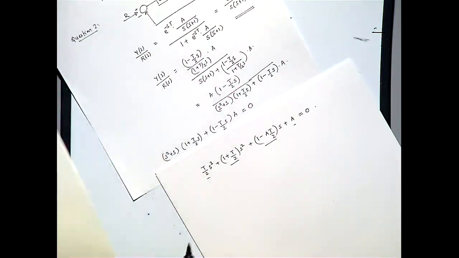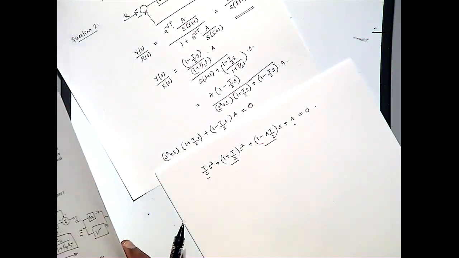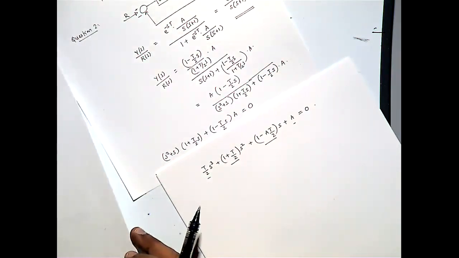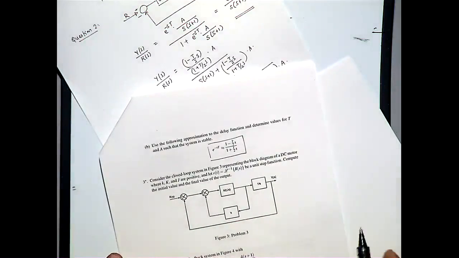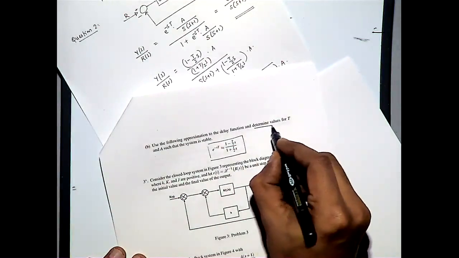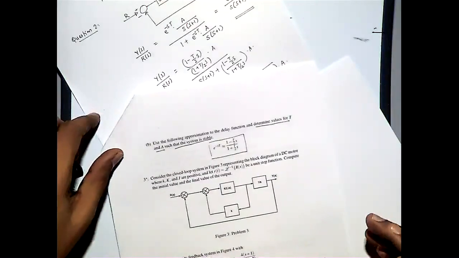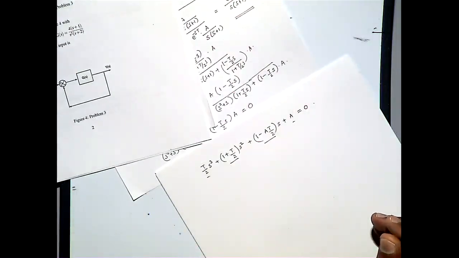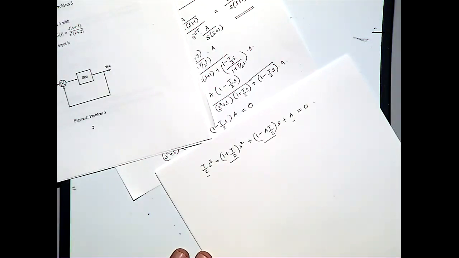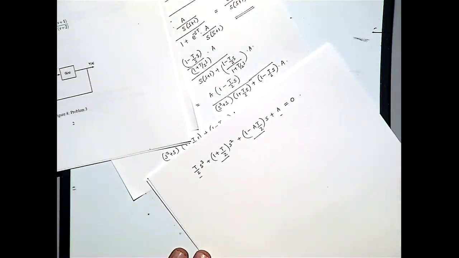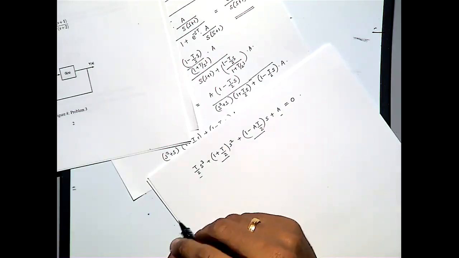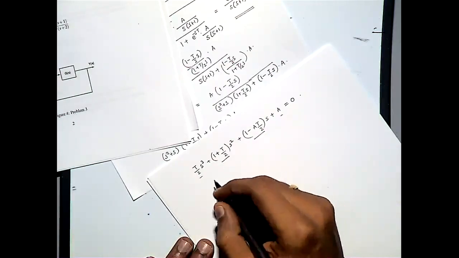Now let's come back to the question. What we need to find out is to determine the values of T and A such that the system is stable. For that one, you can use the Routh-Hurwitz criteria.